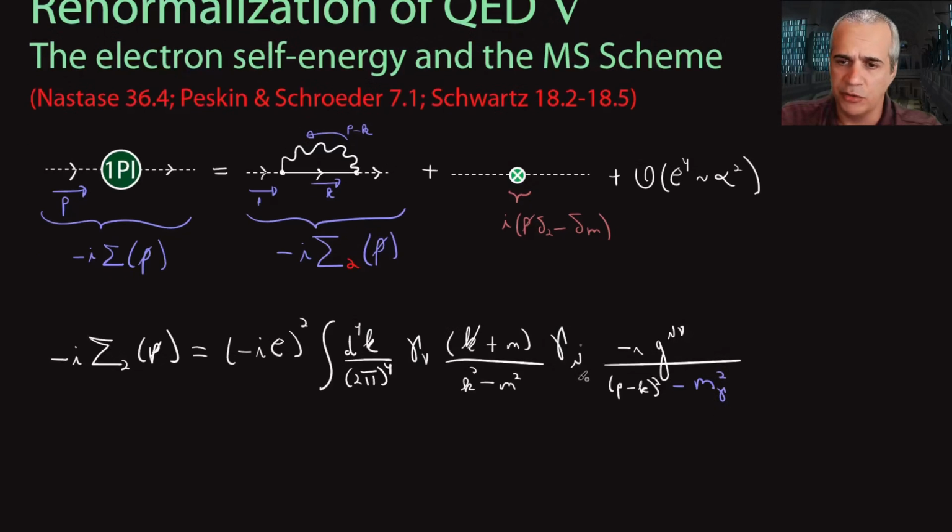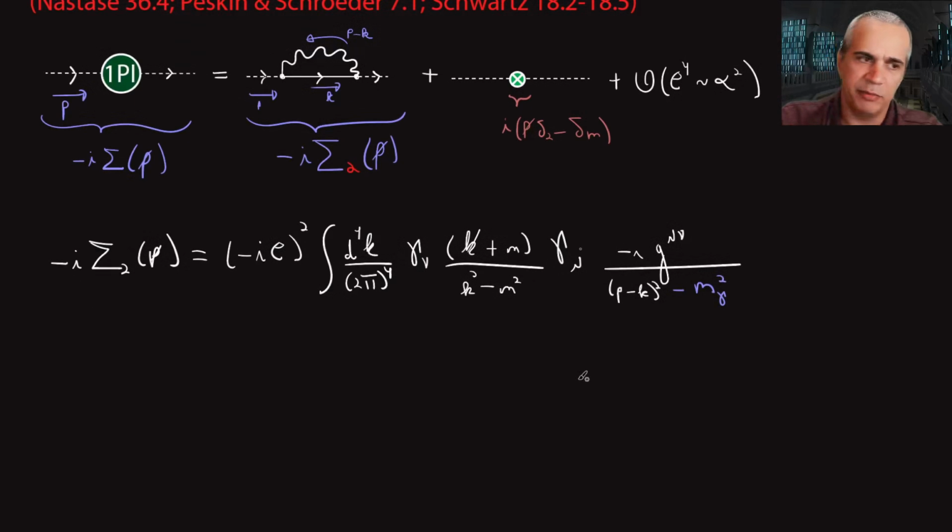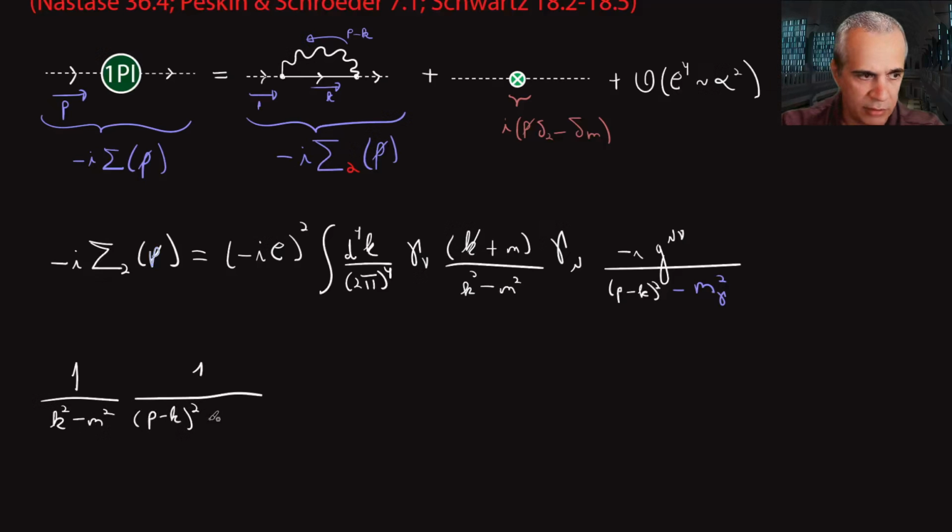Now I want to use all the same tricks we used before. The first one would be to do Feynman parametrization for these denominators. Let me write it here: 1 over (k squared minus m squared) times 1 over ((p minus k) squared minus m gamma squared).